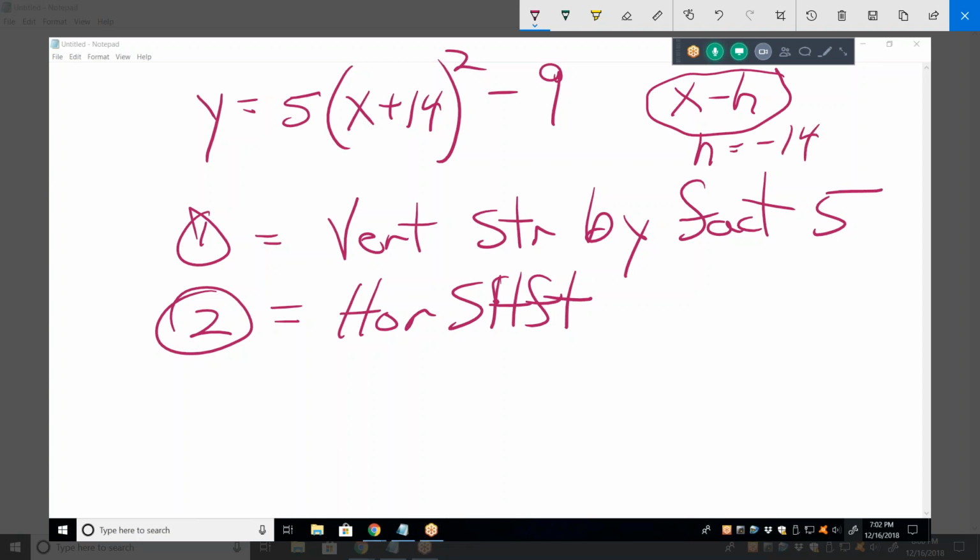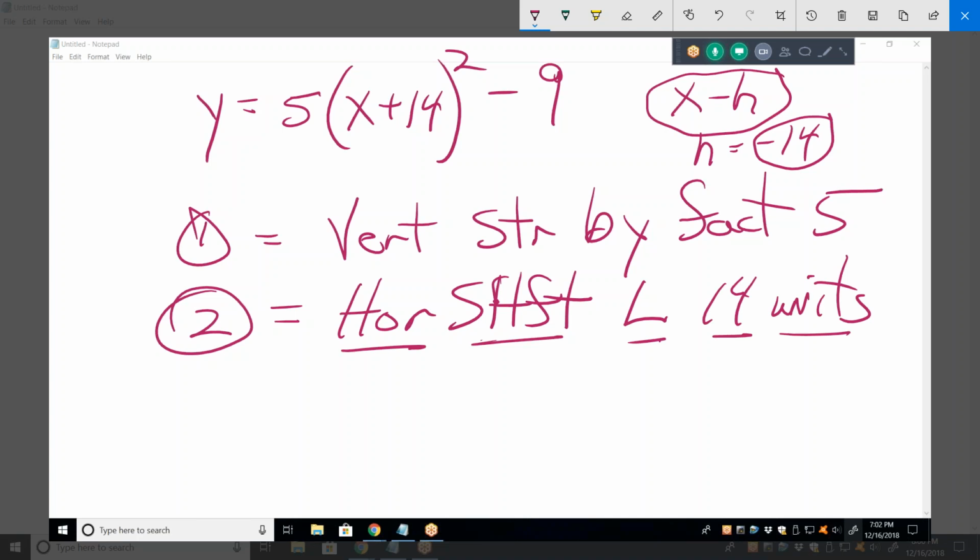And then x minus a minus 14 would come out x plus 14. So h is actually minus 14, and minus means left. So this is a horizontal shift left by 14 units. And you need to state all of those words, maybe not one of them, but you definitely need all the others.